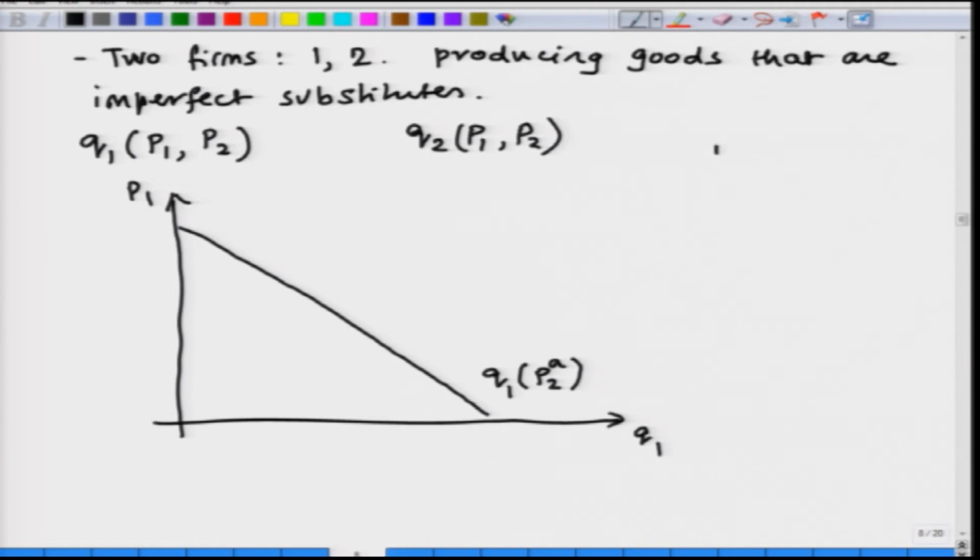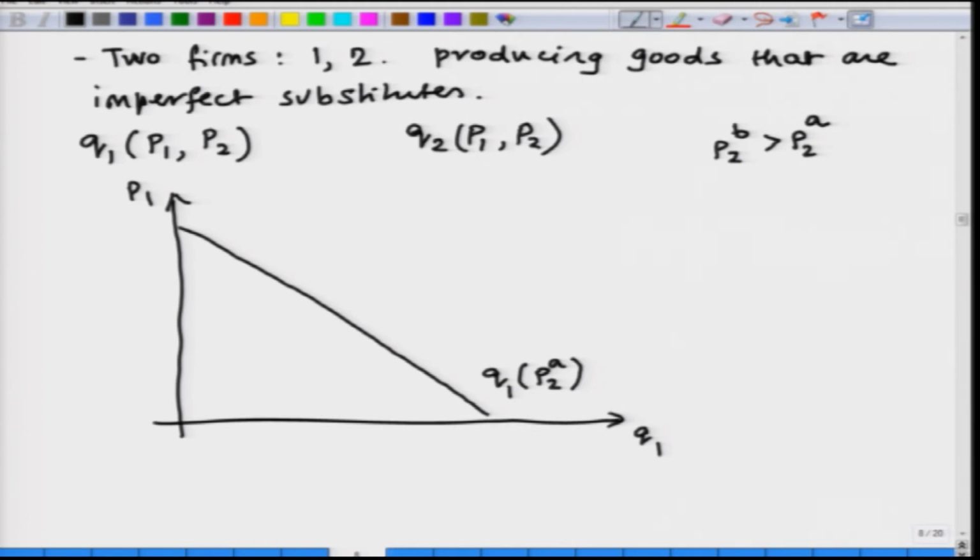Now, suppose firm 2 increases the price of its product to P2B, so P2B is greater than P2A. If the price of firm 2's product is now increased, and the goods are substitutes, then consumers would move towards consuming firm 1's product.